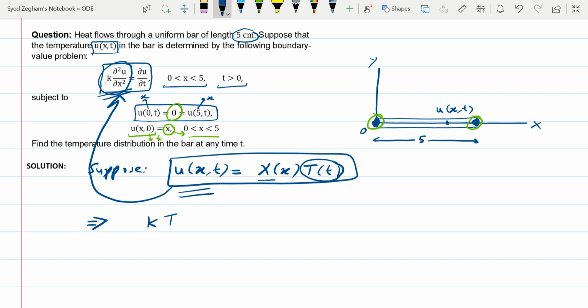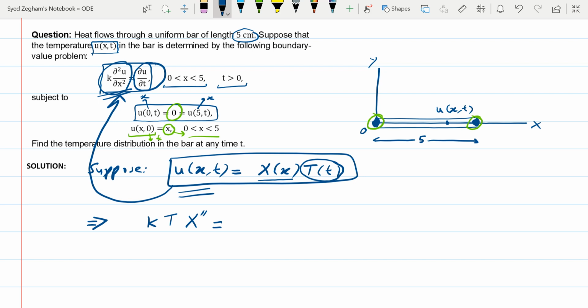And we will differentiate only the x function 2 times partially with respect to small x. So that will give me X double prime, is equal to the right side. The right side of this equation is ∂u/∂t.